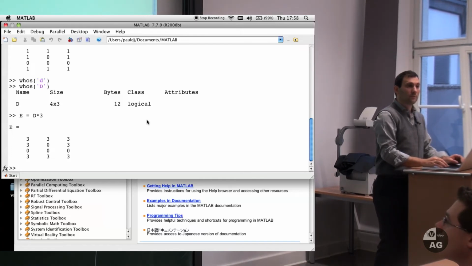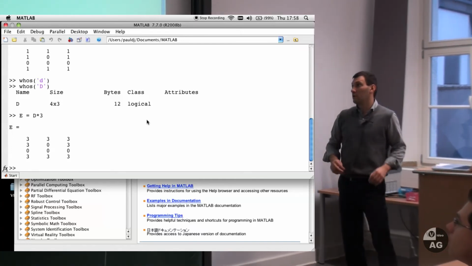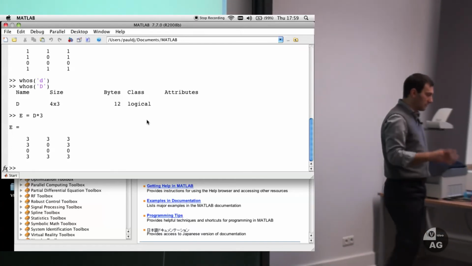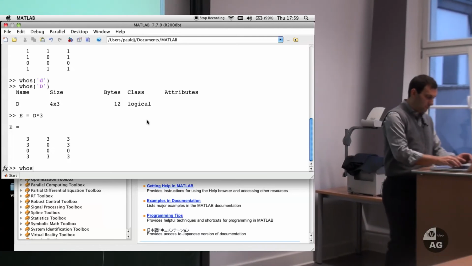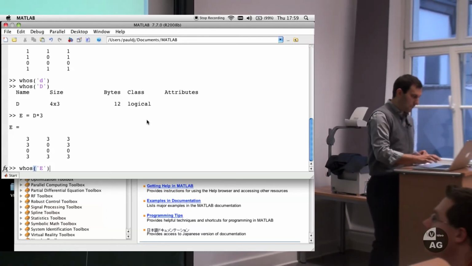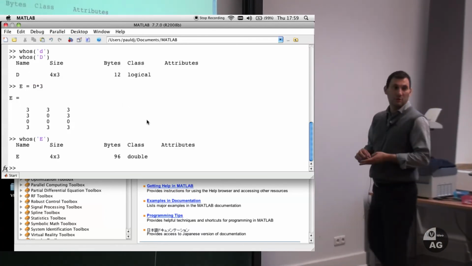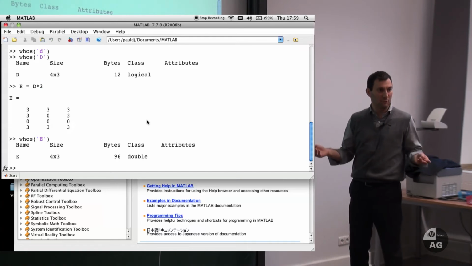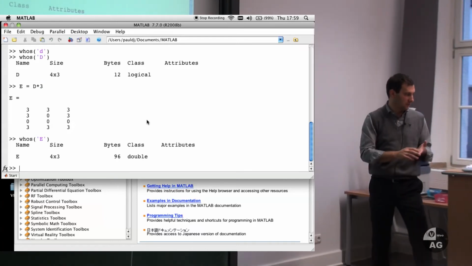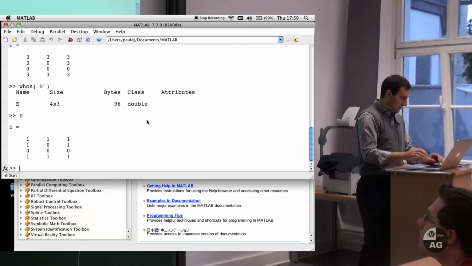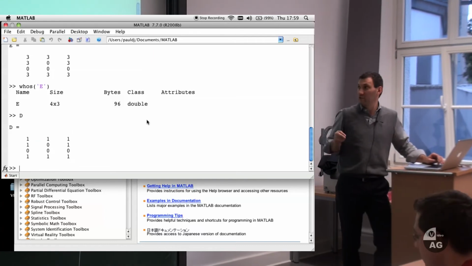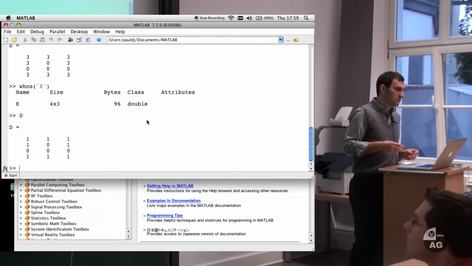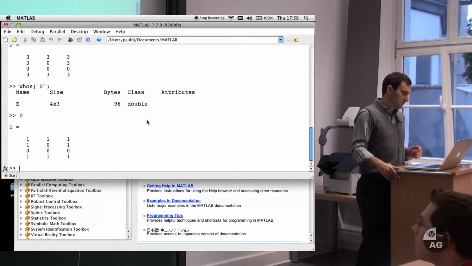Wasn't it just one entry you wanted to modify and this didn't work? Yeah, actually, okay, let me show the whole story. Anyway, who's of E, now we have double numbers. So we multiplied booleans, and now they are doubles. What I wanted to do is take D and change one entry.